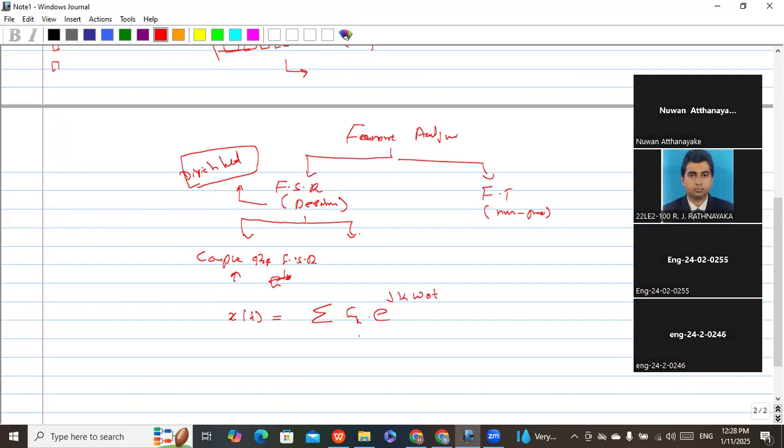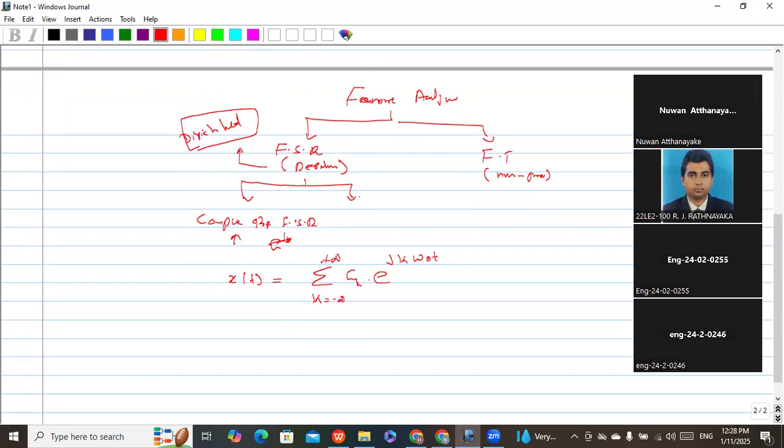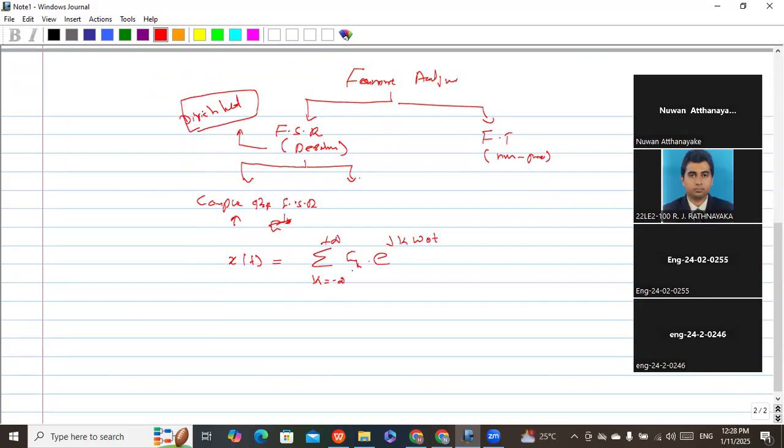This k can range from minus infinity to plus infinity. So we have weightage, we have coefficients. These coefficients are called the Fourier series coefficients, and because this is a complex exponential Fourier series representation, they are referred to as the complex exponential Fourier series coefficients.